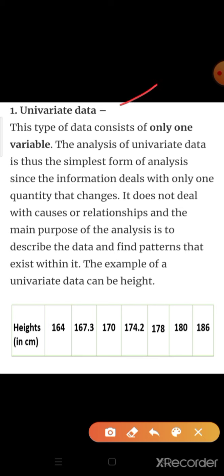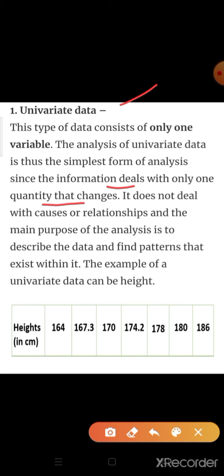univariate data. This type of data consists of only one variable. A variable is a value of data which changes according to changing circumstances or scenarios in the environment. The analysis of univariate data is thus the simplest form of analysis, since the information deals with only one quantity that changes.